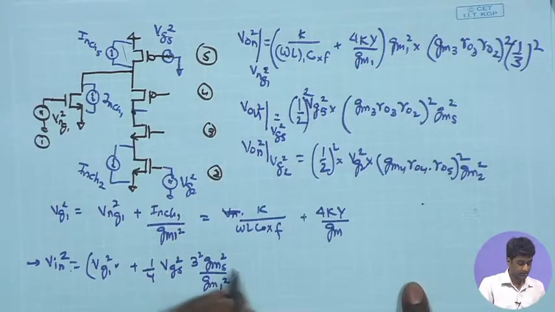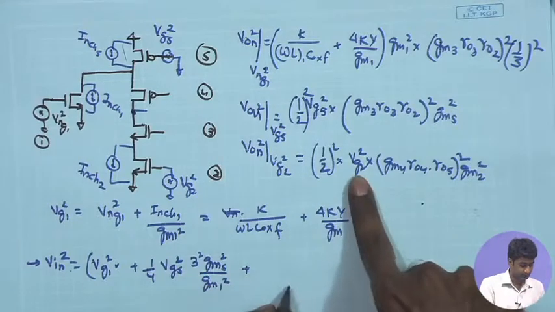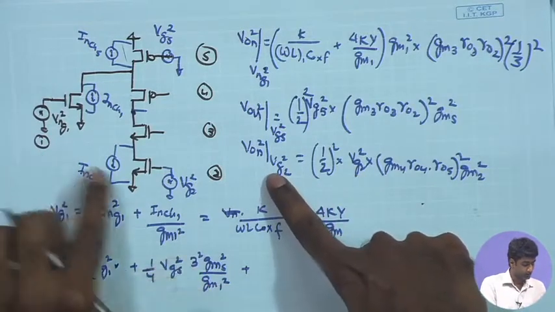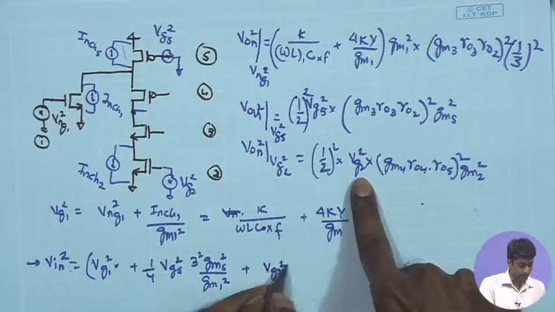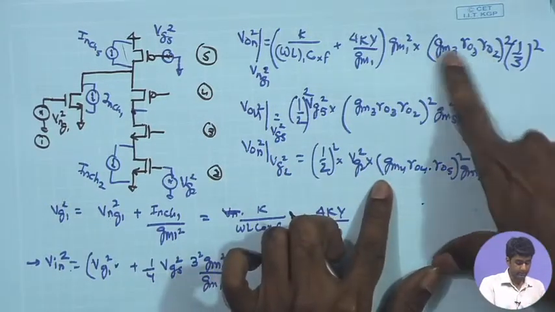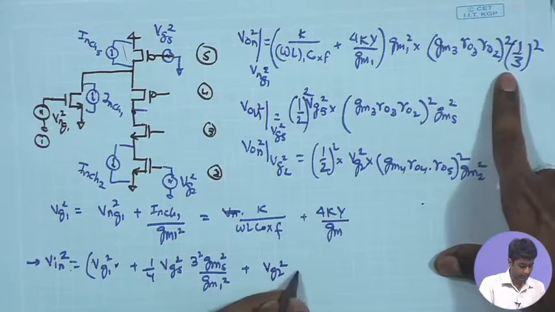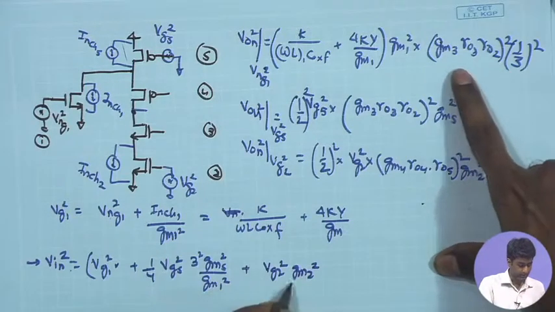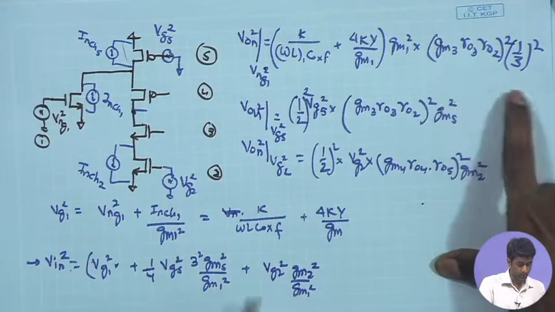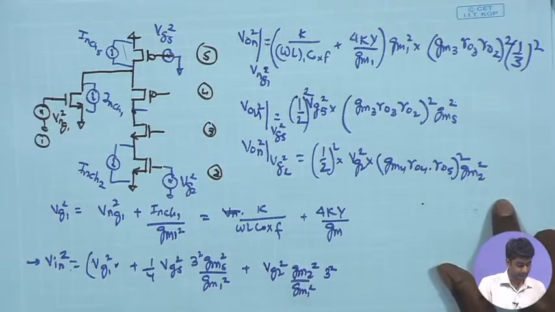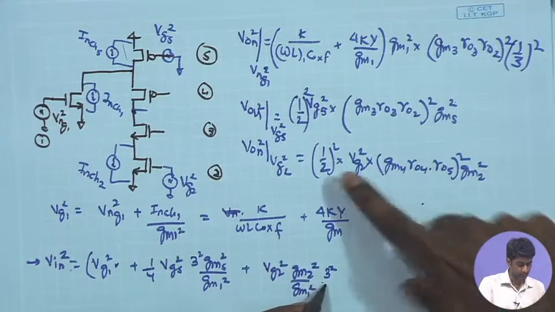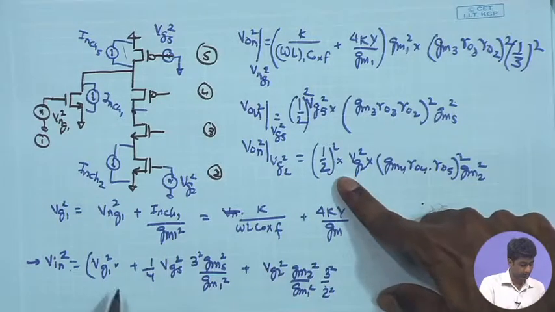This is the second factor which is coming in, and then I have the third term which is the VG2 square divided by once again the same factor over here. So, I am getting GM2 square divided by GM1 square, and once again this gives me 3 square in the numerator, and you have the 2 square coming in anyway in the denominator.